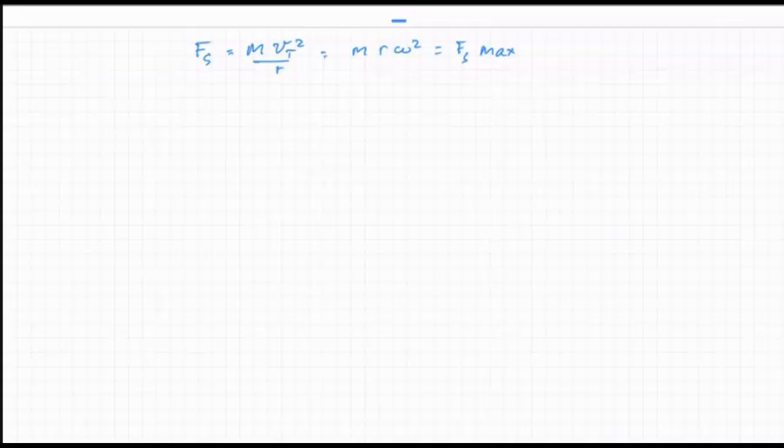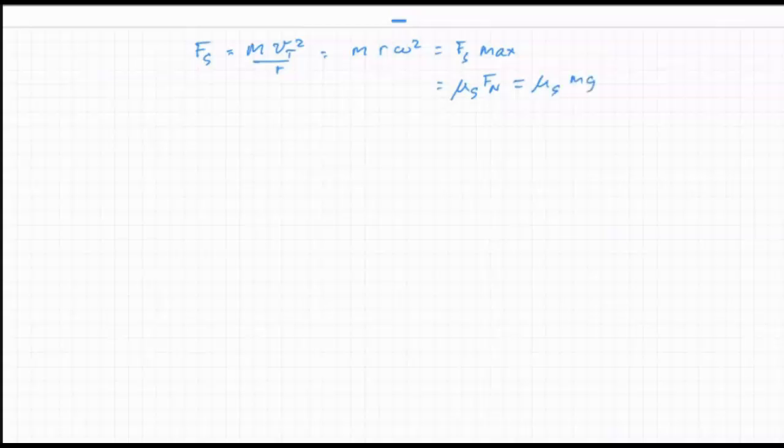Which we know is equal to mu sub s times the normal force. In this case, if we look at the free body diagram, the normal force is balanced by the weight. So we know that we can replace the normal force with the weight mg.